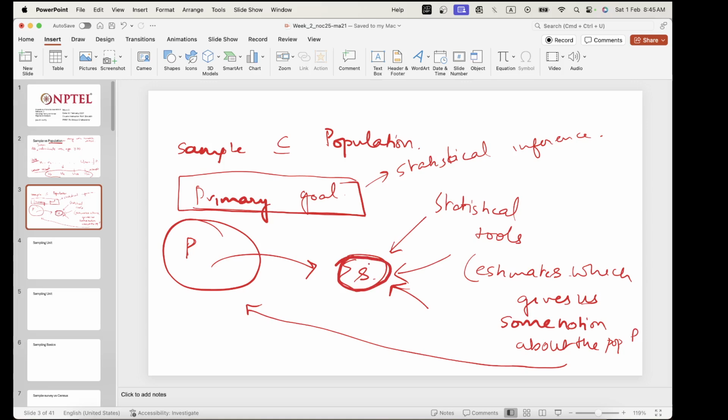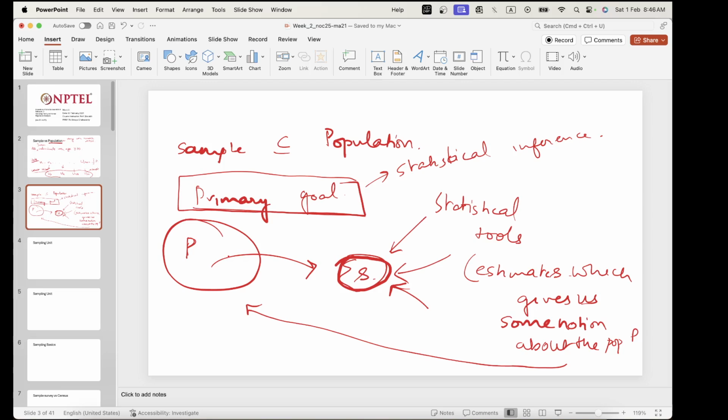So sample quality is of utmost importance, so that whatever decision rule I formulate with respect to the sample at hand is easily and accurately generalizable to the population. That is my entire goal.